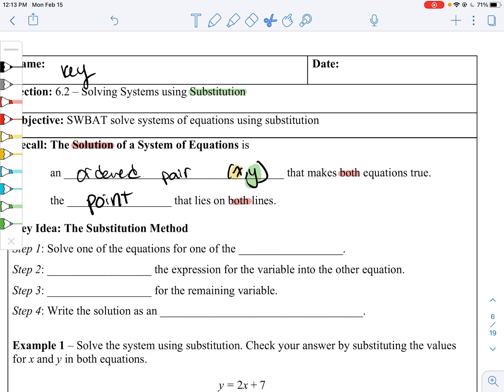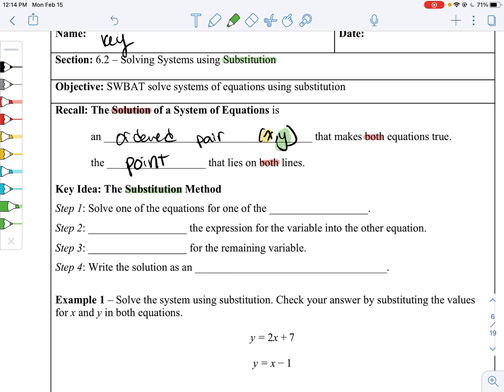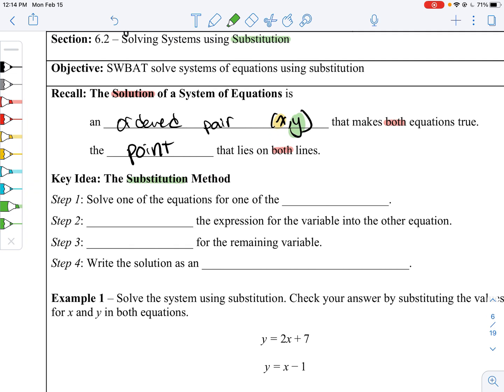So yesterday we looked at graphing. Now we're going to look at the substitution method. How the substitution method works is you take one value of a variable and plug it into the other equation. So in order to do that, you first need to solve one of the equations for just one of the variables. We often solve for y.